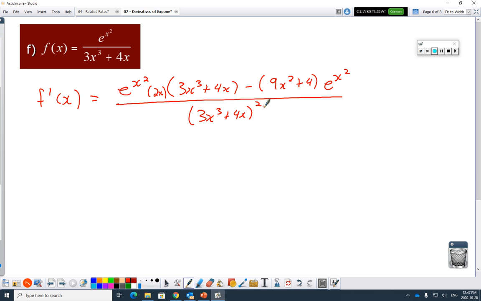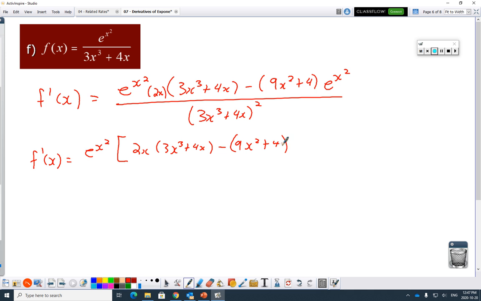And these ones almost always, whatever e appears, almost always comes out as a common factor. And so in the brackets I'm left with 2x bracket 3x cubed plus 4x minus 9x squared plus 4.